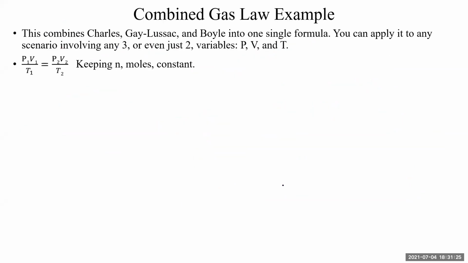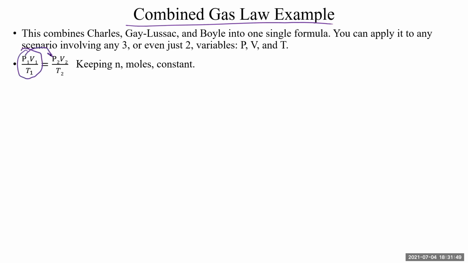Now we come to the combined gas law. Combined gas law really is nothing special. It's just a very quick and easy way to just, if you ever wanted to forget Charles' law, Boyle's law, and Gay-Lussac's law and say, well, I'd really rather just remember one law, combined gas law it is. This combines all three of those laws. You can actually forget all about those laws because all the relationships are built in right here.